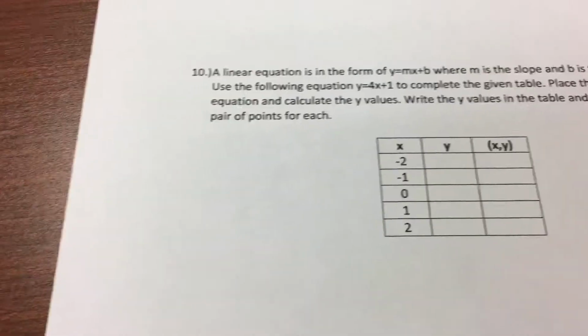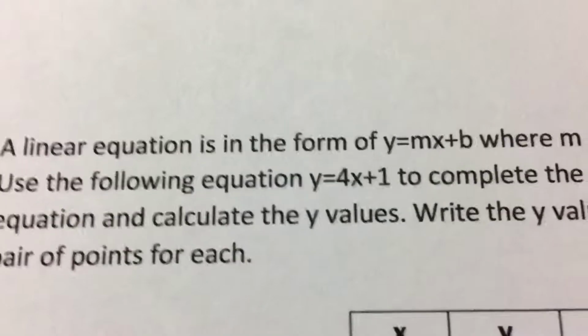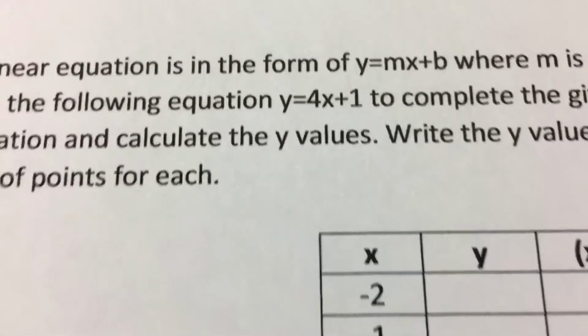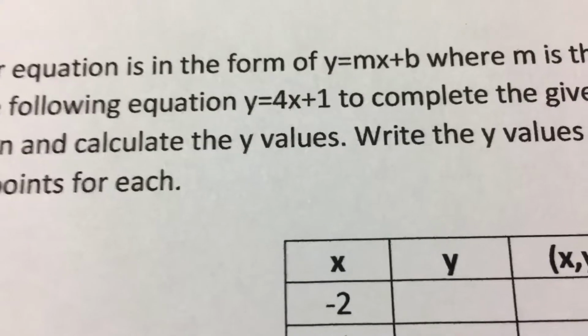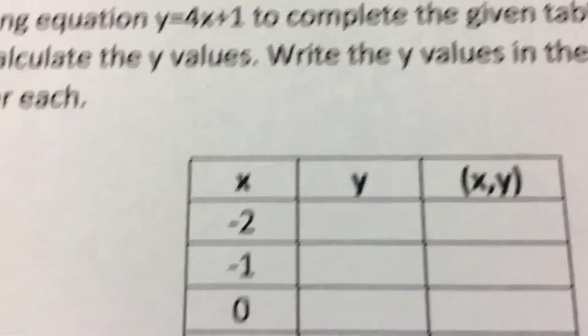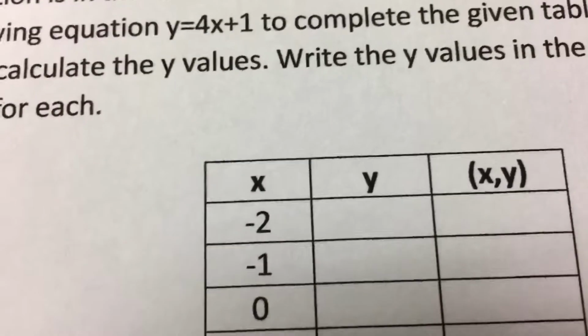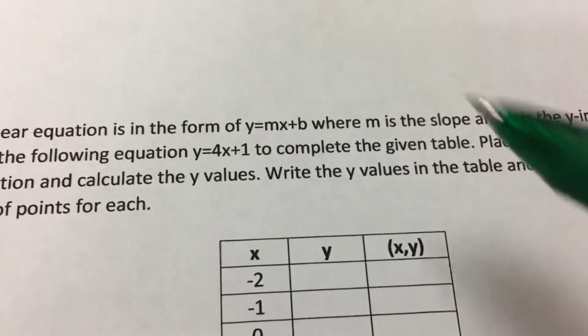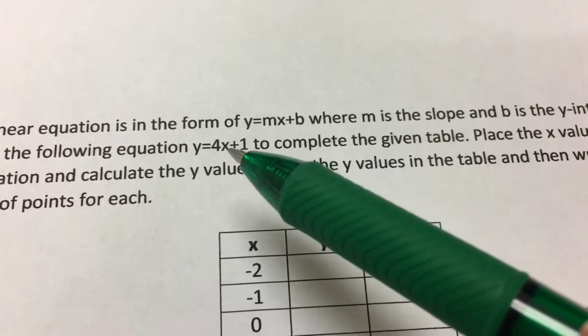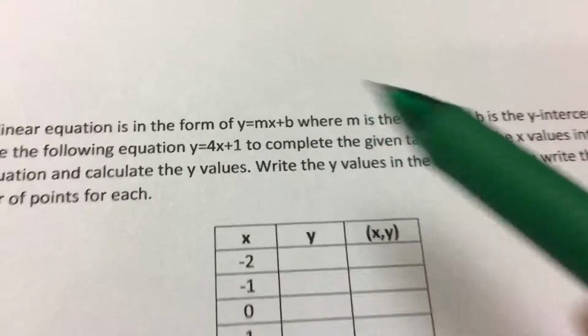Okay, now last on this, we're going to construct a table. And they give you an equation. You're just going to take your X value and plug it in. So like Y equals 4 times -2 plus 1. And you're going to complete your table. So notice if I plug in -2, I'm going to do 4 times -2, that's -8, plus 1.